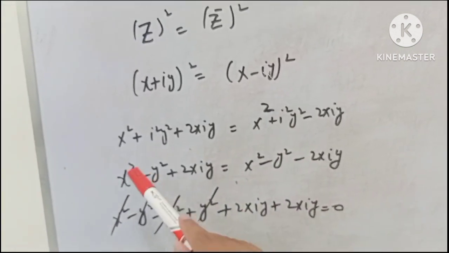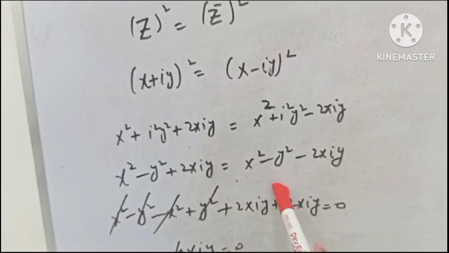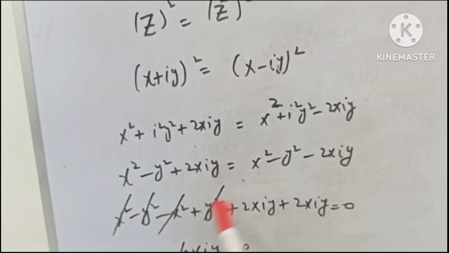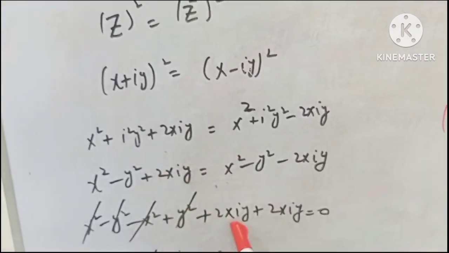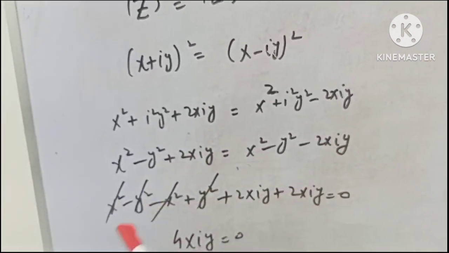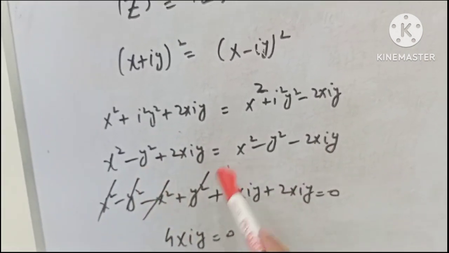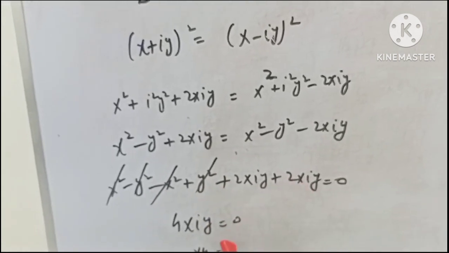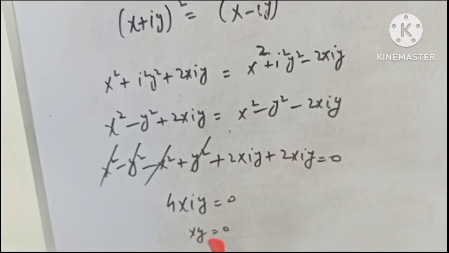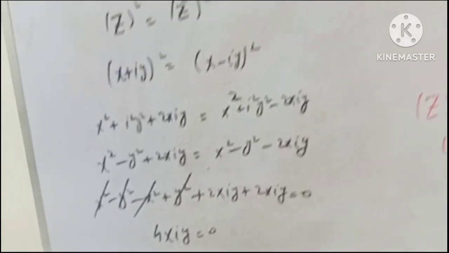Now we can cancel. Here it becomes minus x square plus y square plus 2x iota y minus 2x iota y. Minus x square and x square cancel, minus y square and plus y square cancel, 4x iota y remains, or xy is equal to 0.